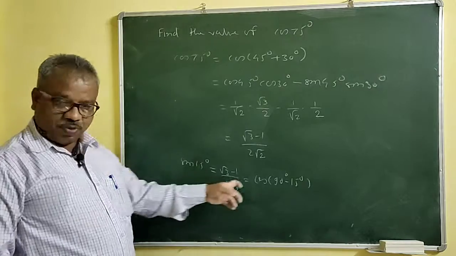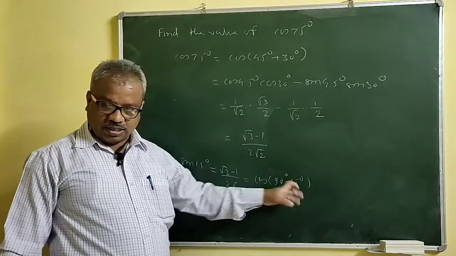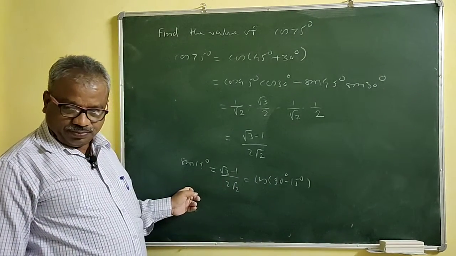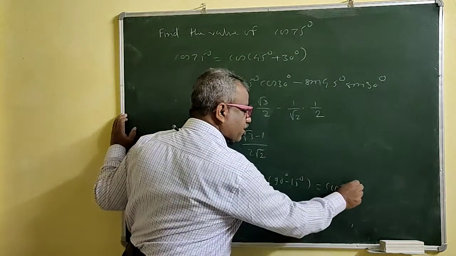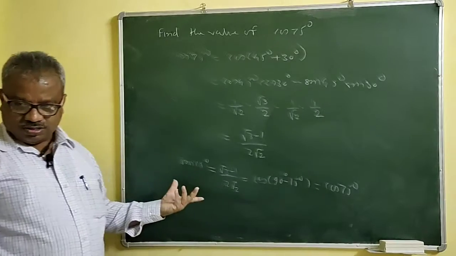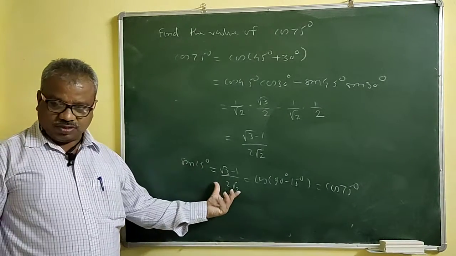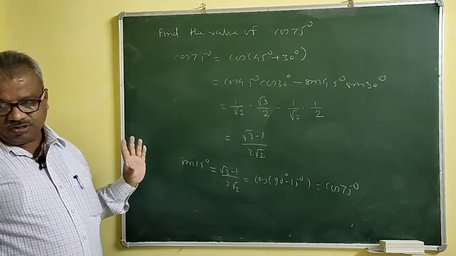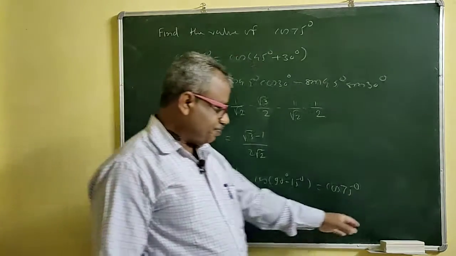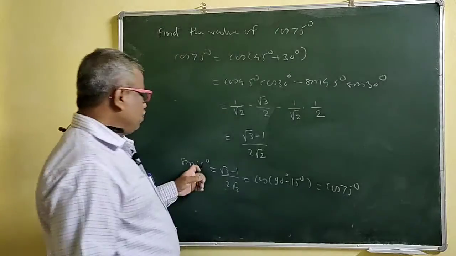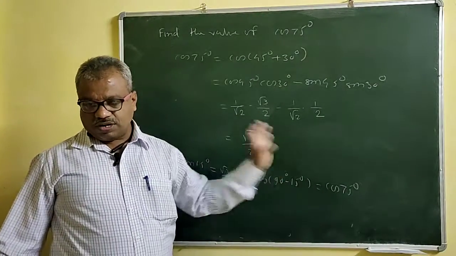We know that cos of pi by 2 minus theta is sin theta. So this is nothing but cos 75 degree. You are familiar with this one, right? We can write it also like this, but it is better to write this. So that means sin 15 degree is the same as cos 75 degree.